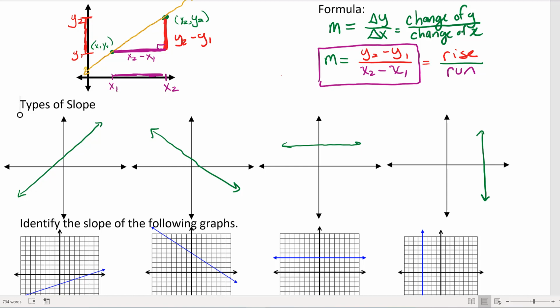If you're going up and to the right, we call this a positive slope. If you're going down and to the right, this is a negative slope. If you're going flat horizontally, that is a 0 slope. And if you're going up and down, that's an undefined slope.